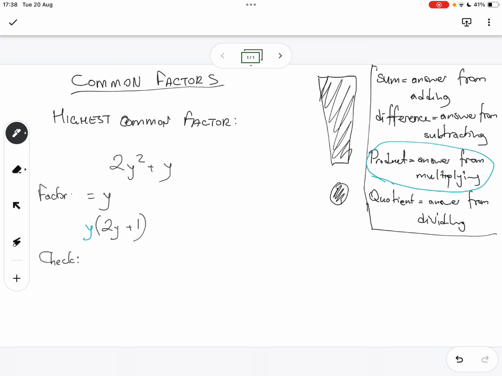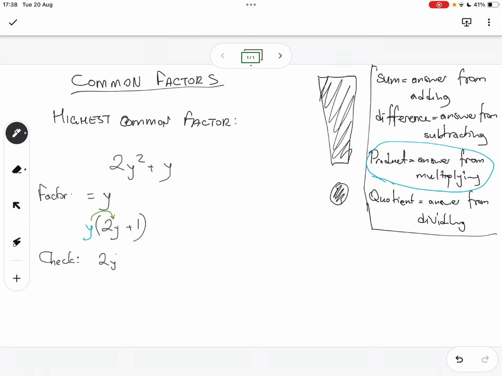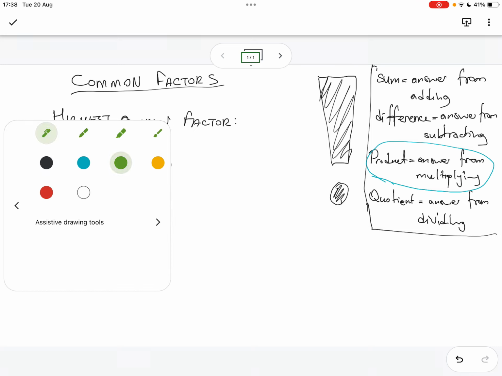Now the second paragraph says to check the factorization, if it's correct, we need to multiply out the brackets again. So what we've done is we've gone to the step of taking out a factor. To check, we have to go a step back, which takes us back to where we came from.